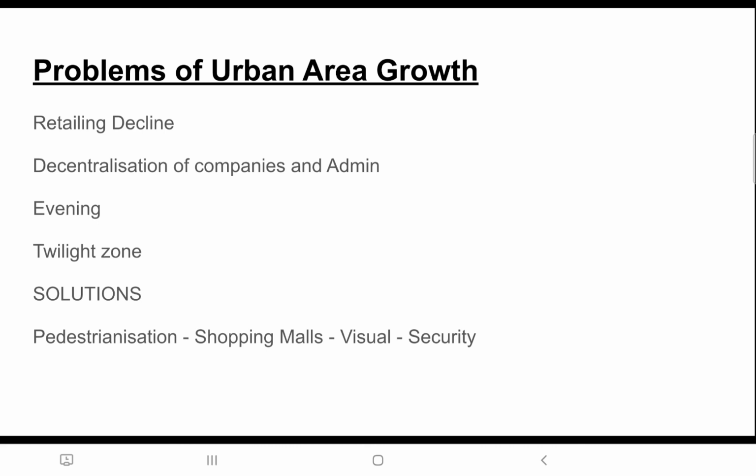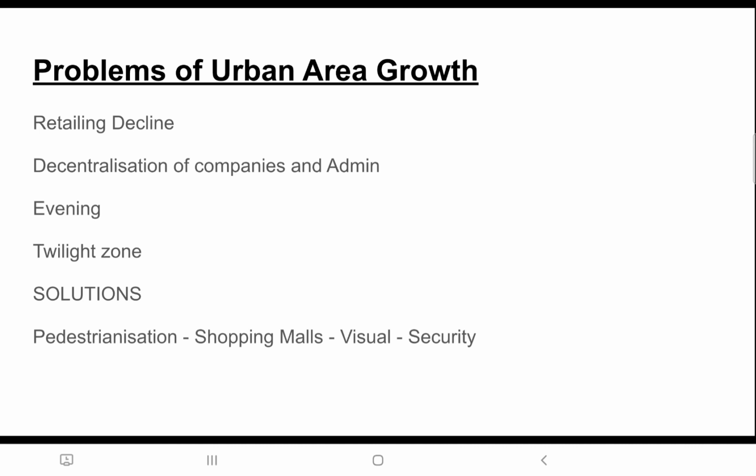This is the transition zone, which is on the edge of the CBD. This is where you get more problems, derelict land and buildings, high rates of crime and social problems. This is called the twilight zone. So this is another problem of the urban area growth.